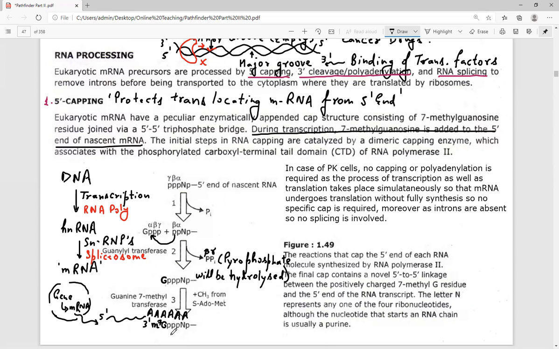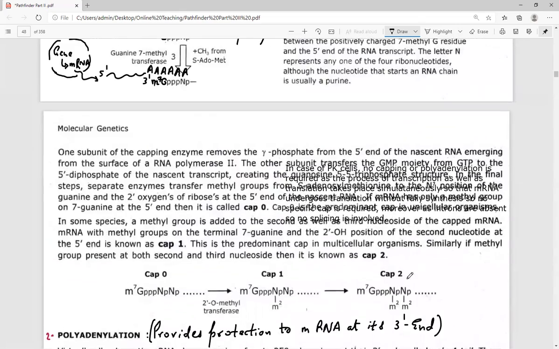Now, see this. If the methyl group is present only at one nucleotide, that is, only at the first nucleotide, the guanine at the 5' end, then it is referred to as cap 0. This is the 5' guanine. When the methyl group is present both at the 5' guanine as well as at the next nucleotide, it is commonly referred to as cap 1.